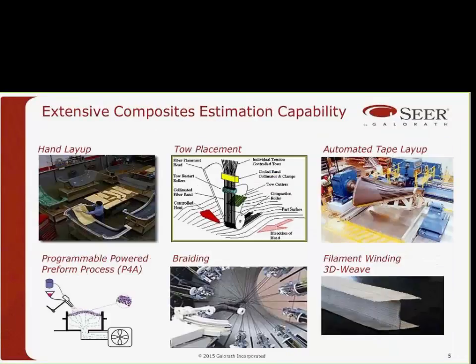SEER has an extensive composites estimation capability, from hand layup, tow placement, automated tape layup, programmable powered preform process P4A, braiding, filament winding, and 3D weaving. And most of these are now integrated with the SEER-Ply Cost Estimator.